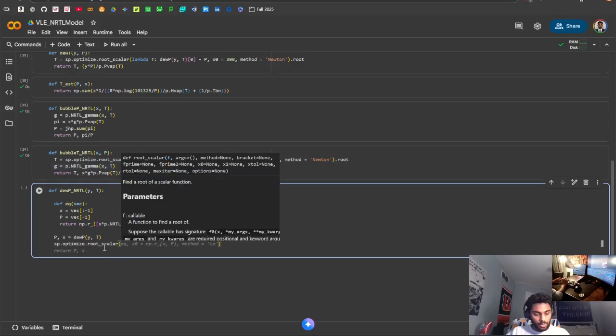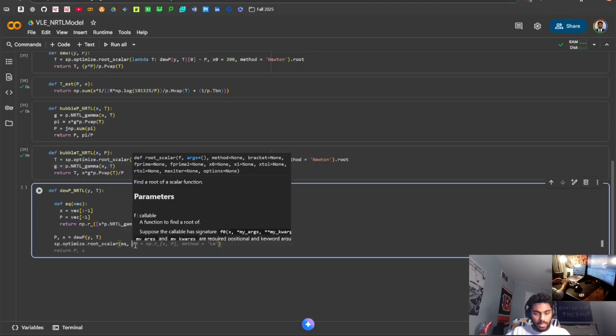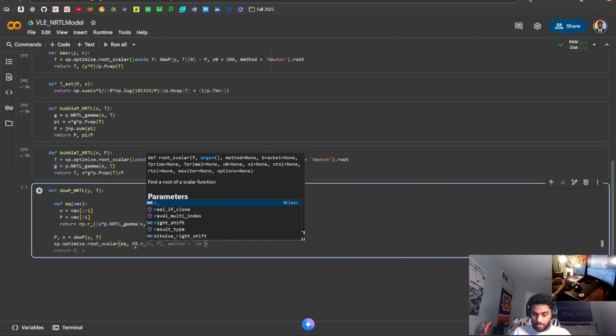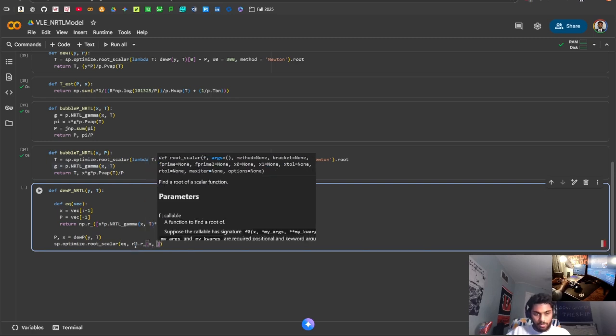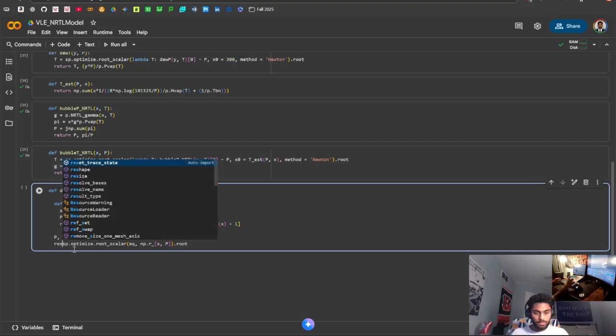So we're going to do this to our EQ function, and we're going to be using our X and P. So I'm going to do another row concatenation, and then throw our X and P into that, and then we just want the root of that. Make sure this all follows. I think I need these around here. And then we'll store this into a result.